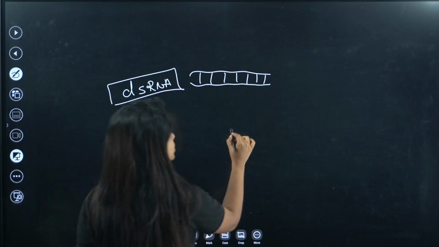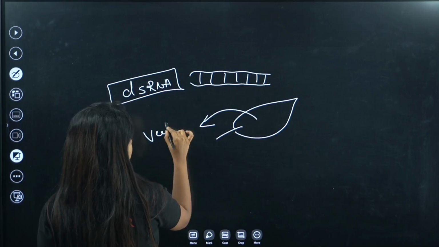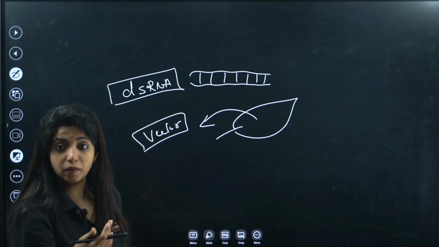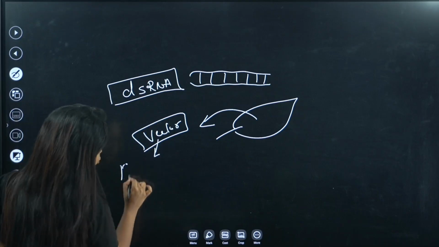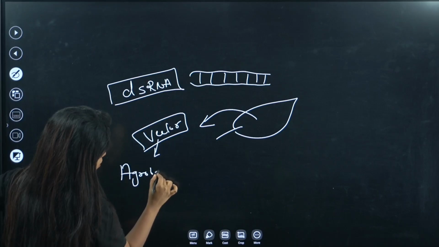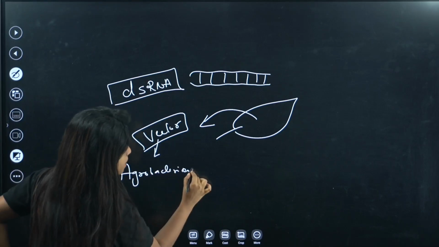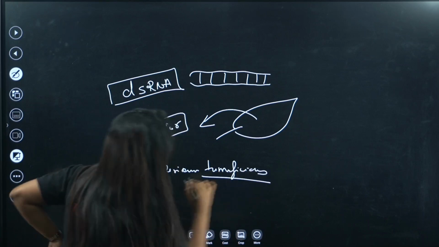And if I want to insert it inside a plant cell, I obviously need a vector. In the case of animals, it was a retrovirus. In the case of plants, it is usually Agrobacterium tumefaciens. Agrobacterium tumefaciens is the one that we use for this.